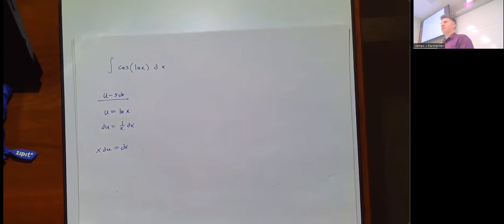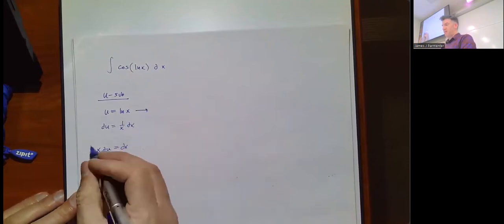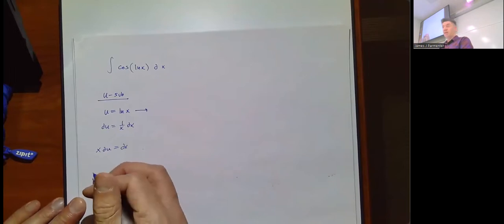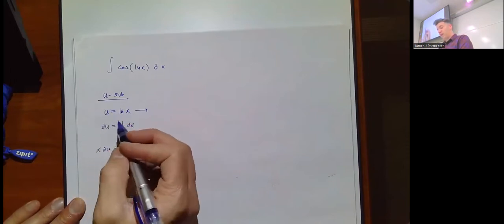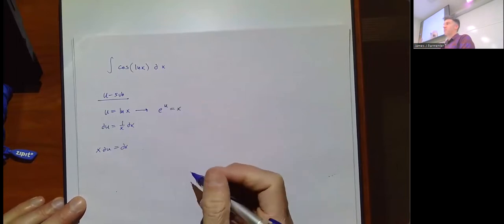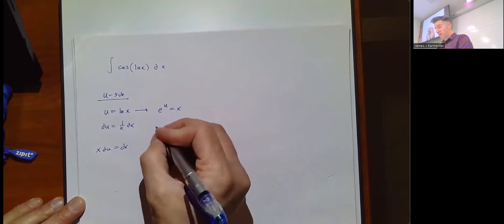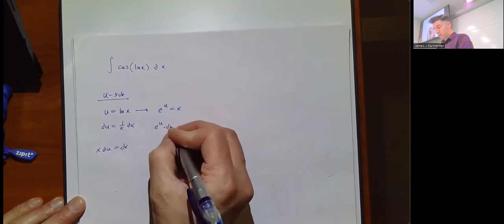I don't know what your teacher has said about back substitution specifically. Instead of doing this, I prefer to do this, where you say, well, if I know something's going to be a problem, I'm still going to try and do a back sub. I'm going to take this and solve for x. So e to the u is equal to x. And if we differentiate both sides, the derivative of e to the u is e to the u du.